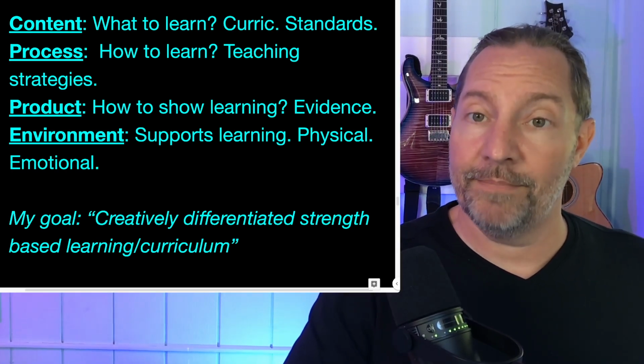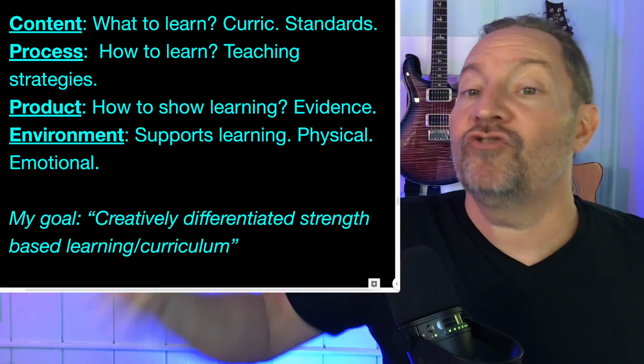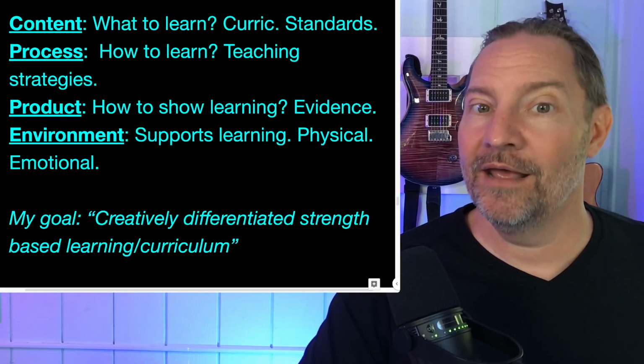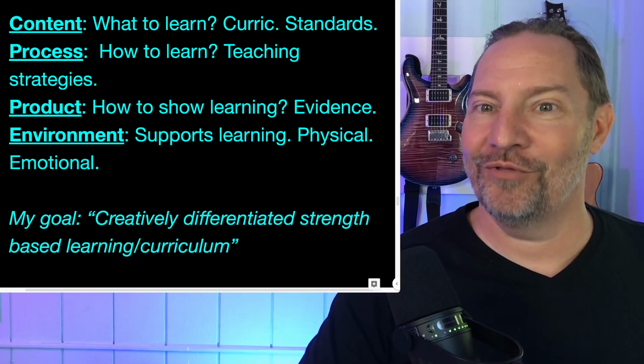A big problem with product is that we tend to have a couple of main products. One main product is a test, and one main product is an essay. And then we also have these things called projects. So those are our main products. A product is how we show our learning, and not all kids are great at the limited ways that we have to show learning.